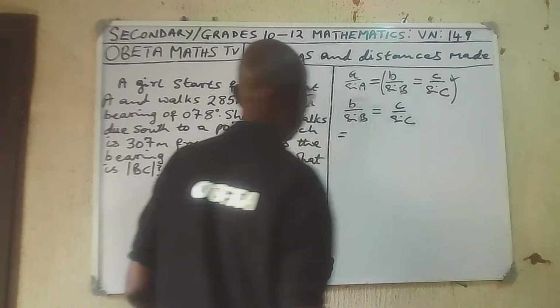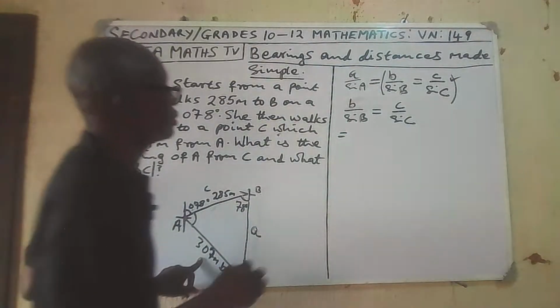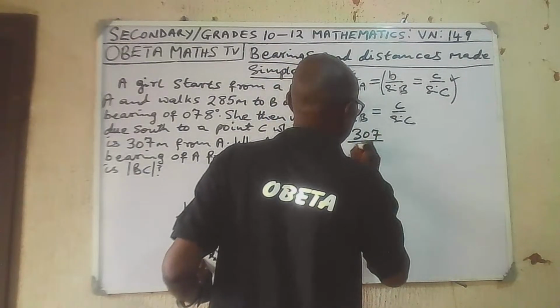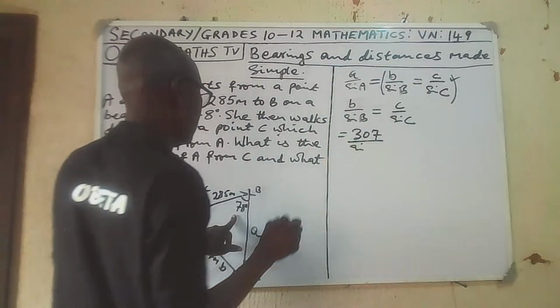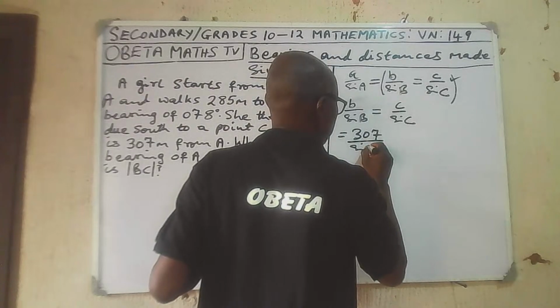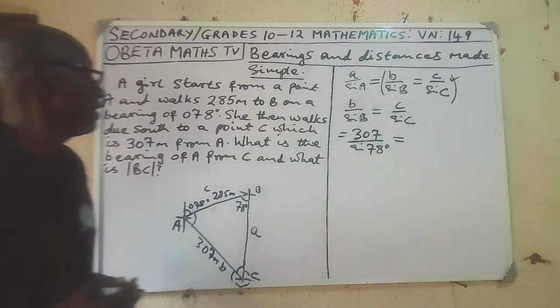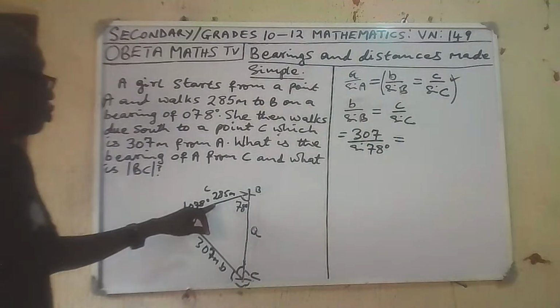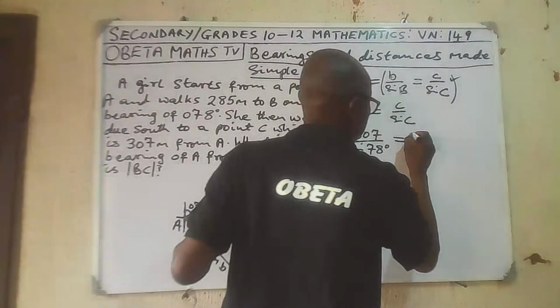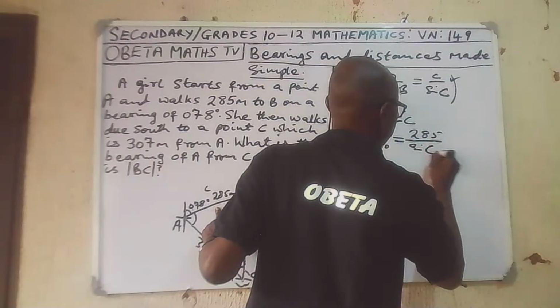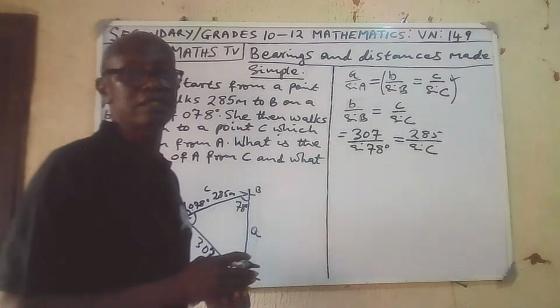And that will give us, what is our B? Our B is 307 all over sine B. Our sine B, B should be 78 degrees. Out of C, our C is 285 all over sine C. We are here to calculate that.